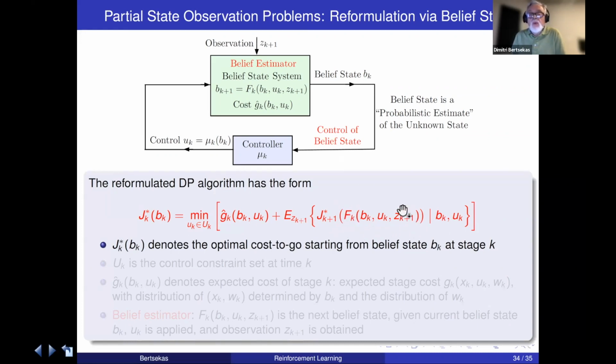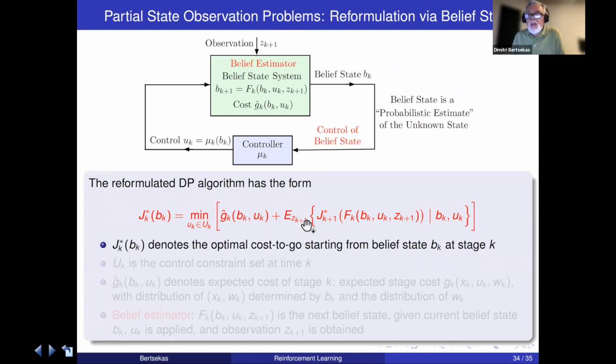Now, the state where we're going to land is given by this belief estimator. It's a function of b_k, u_k, and the new observation. Now, this is a stochastic quantity, and we take the expected value of this. It's stochastic because of z_{k+1}. z_{k+1} plays the role of disturbance here.